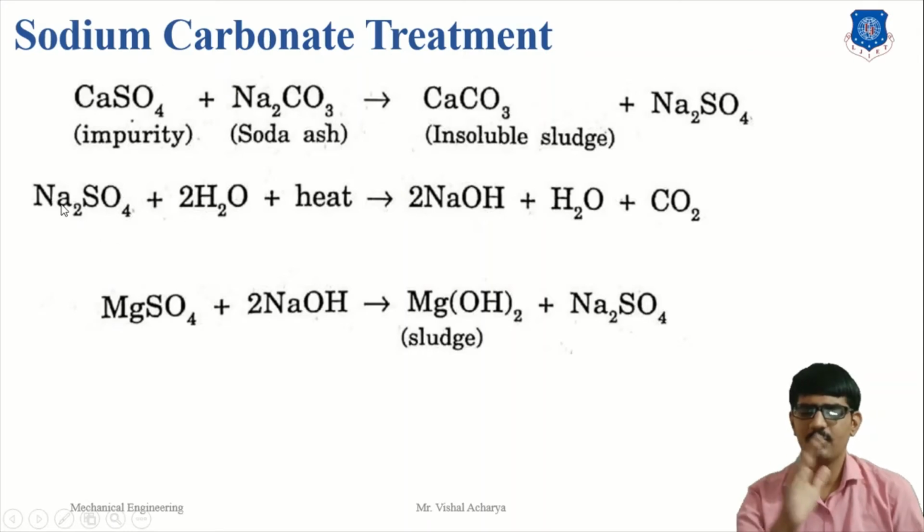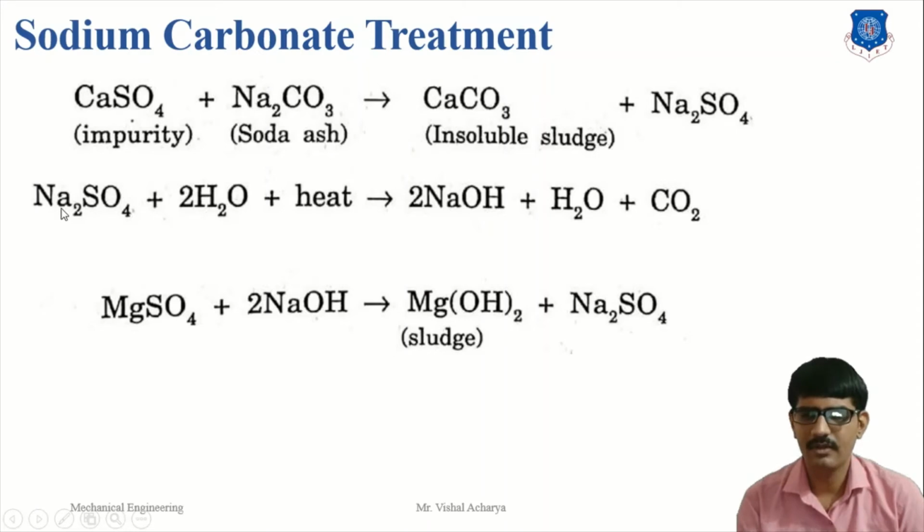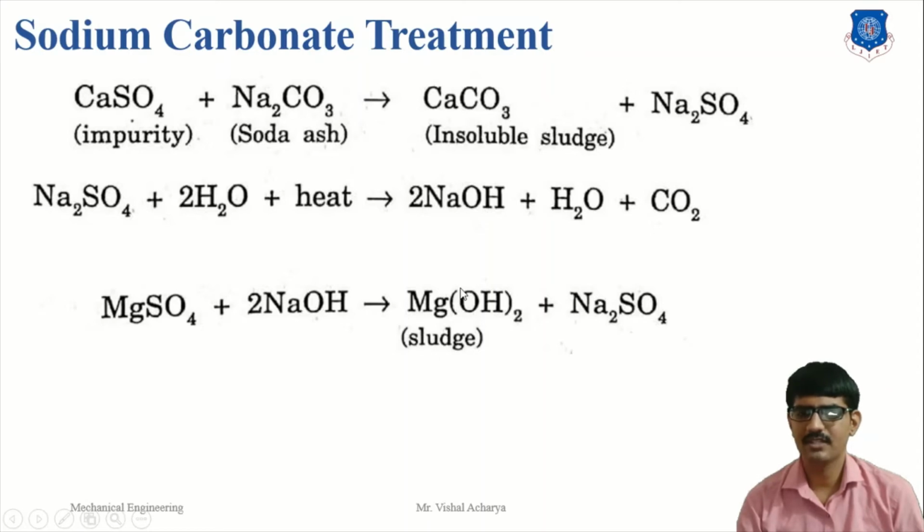In a low pressure boiler, steam reacts with the water and produces sodium hydroxide, and sodium hydroxide reacts with the magnesium and produces magnesium sludge.